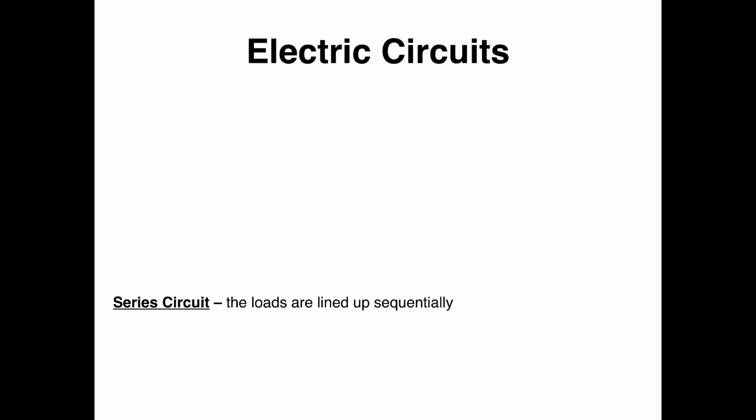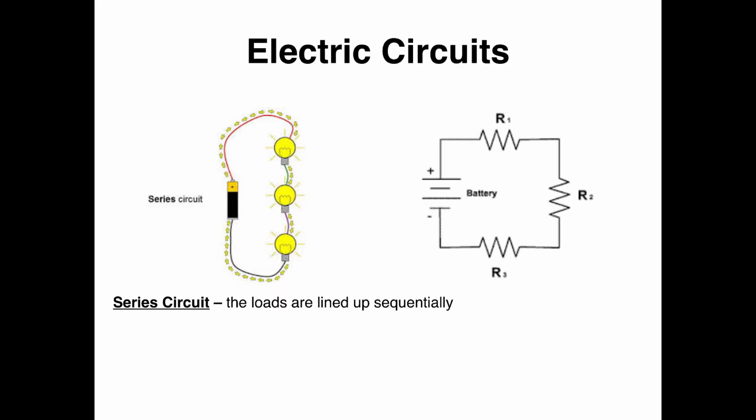Now, I said there were two types of circuits, series circuits and parallel circuits. A series circuit is where the loads are lined up sequentially, which means in a single line, like this. This is an example of a series circuit. This is the way a series circuit is drawn in a schematic.